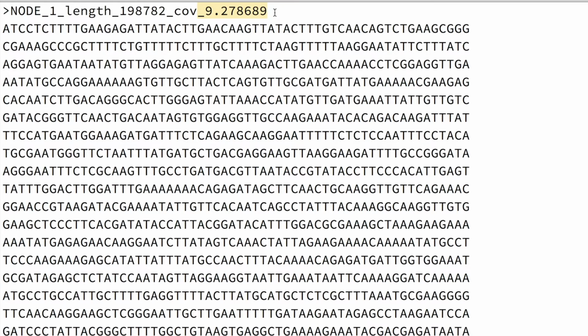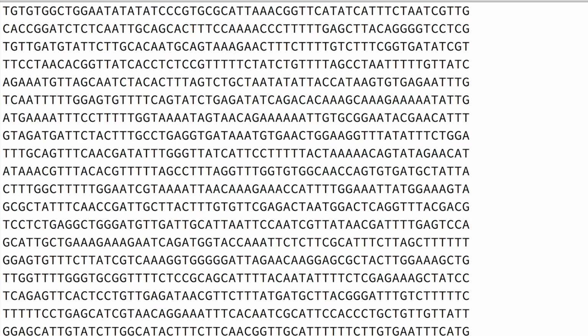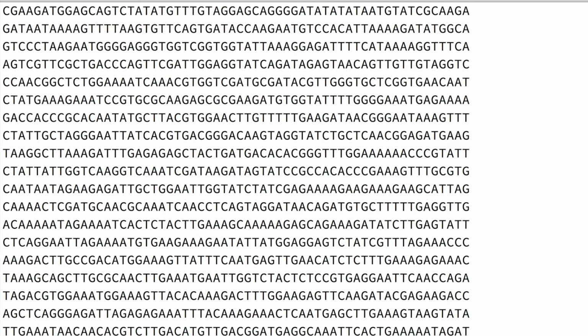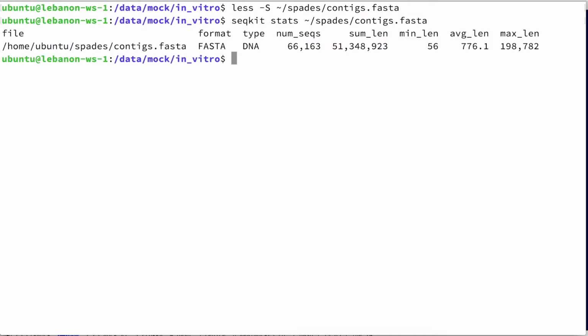It's not totally overlapping with the sequence coverage. It's a slightly different measure, especially when the k-mer size used for the assembly is quite different from the read length. So it can be used in relative terms to see the main difference from one contig to the other. So yeah, this contig is quite long indeed, but how can we see the statistics of this file without scrolling all the contigs, of course? We already introduced this program, SeqKit. SeqKit prints some average metrics for the sequences contained in FASTA files.